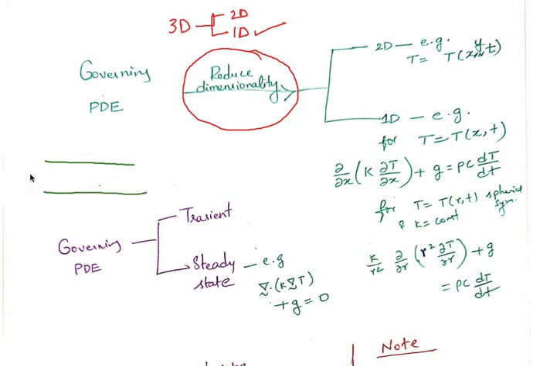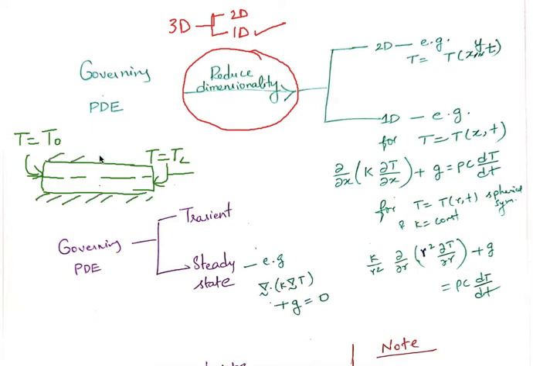So let's say I have a rod of constant section, and let us say I am looking at some T equals T0 on one end and I am imposing T equals TL on the other, okay, and I am insulating the other surfaces. And let us say this direction over here is the x direction. So here what can I assume about the temperature?